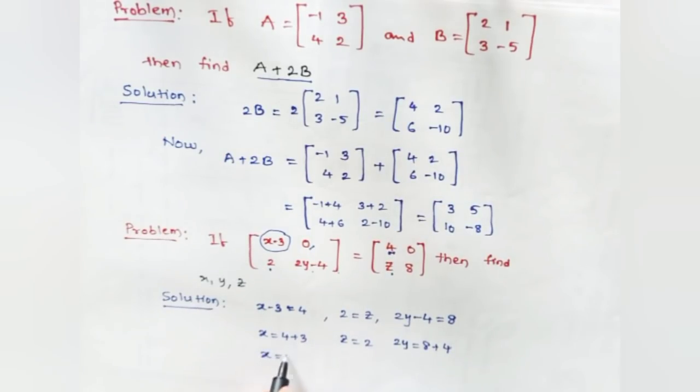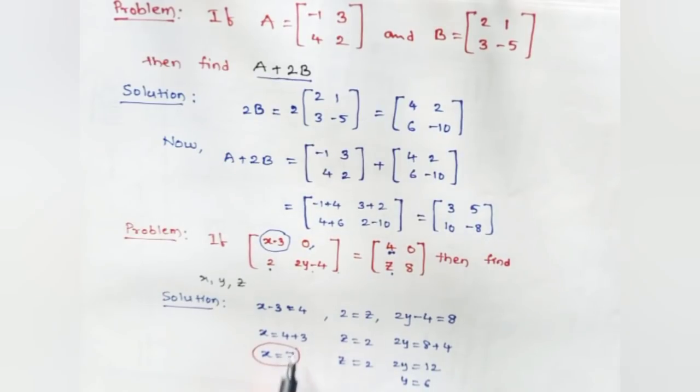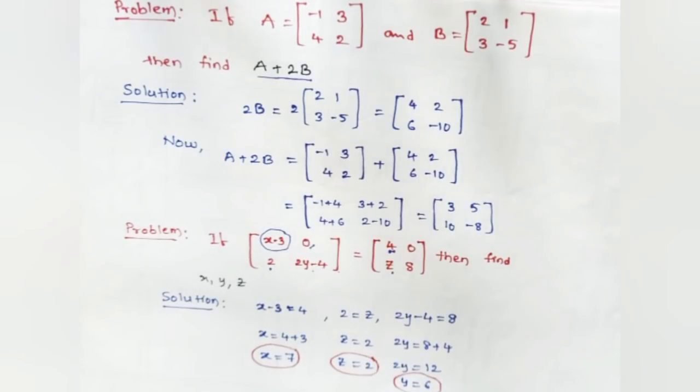So x equals 7, z equals 2, and 2y equals 12, which means y equals 6. Therefore the values of x, y, z are x equals 7, y equals 6, and z equals 2.